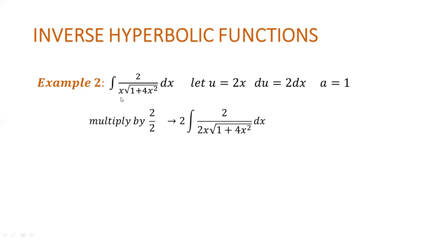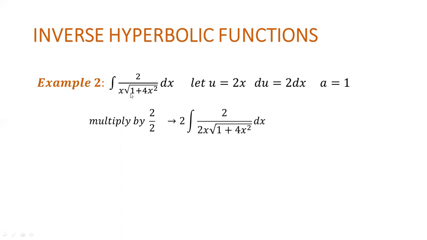That way, you see that this should be a u. In the inverse hyperbolic secant, this should be a u. In your case, it's 2x, so you lock the 2 here. So you need to multiply by 2 over 2 so that you can make use of this one in here and the other one outside.